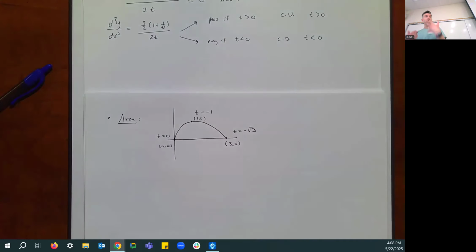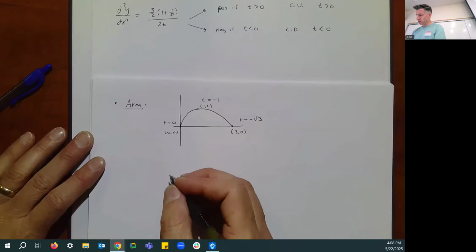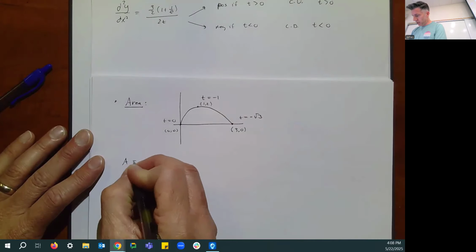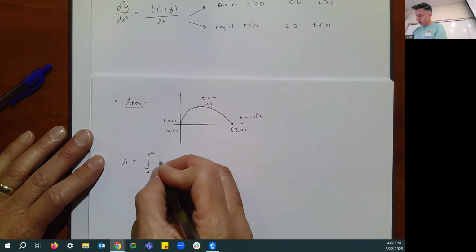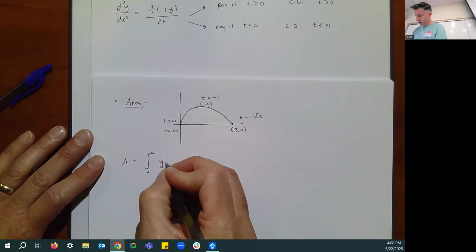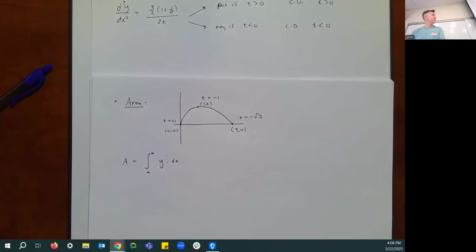So normally you'd find area by just doing the integral from a to b of y dx, or whatever y is as a function of x. But then this is where we do the cheater thing.